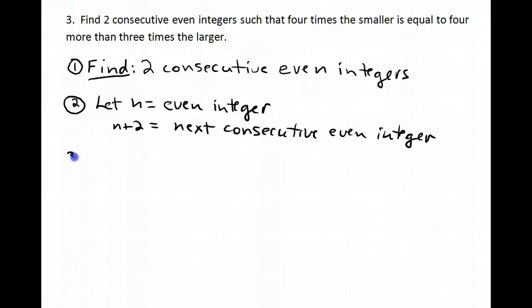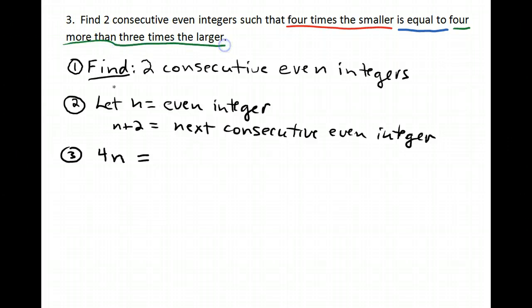Okay, let's look at our equation. Find two consecutive even integers such that 4 times the smaller, 4 times n, is equal to 4 more than 3 times the larger.